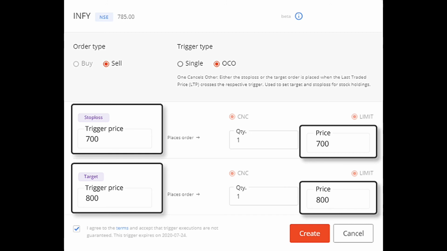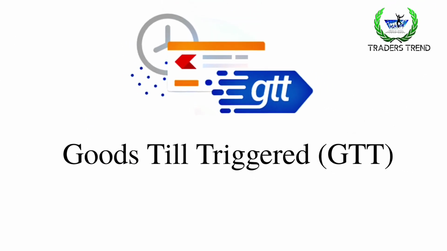So overall GTT is helpful for long-term investors, those who buy the share and hold for a long time, and it will be helpful for the monthly contracts of futures and options in Nifty and Bank Nifty. Overall GTT is useful for a 1 year period.